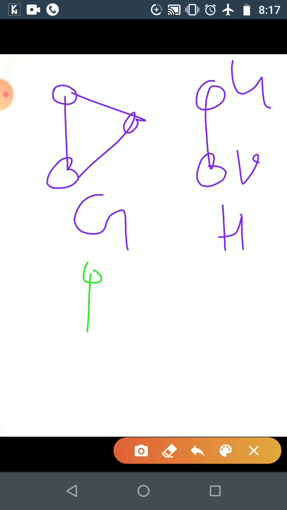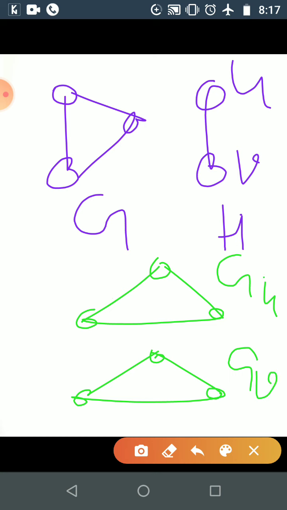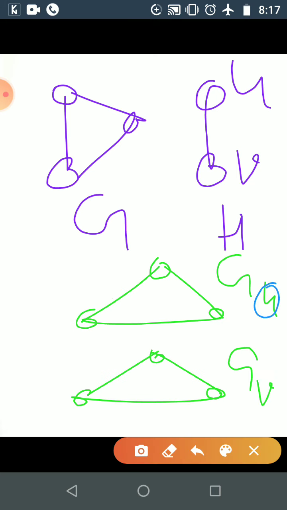So this is the GV copy, this is C3. So this is the GU copy and GV copy, you can write here. So this is the GV copy, correct. So here you will look at these vertices U and V, correct, U and V. You will be looking at these vertices.